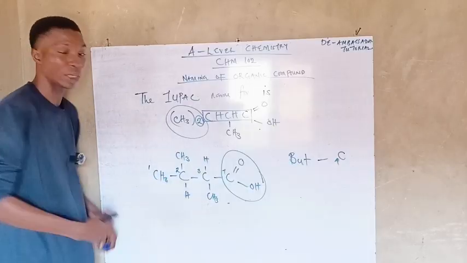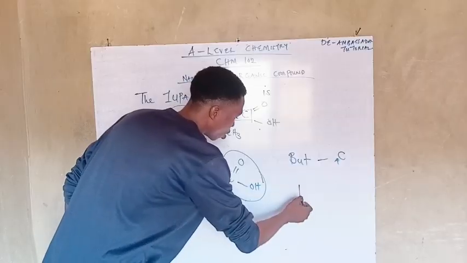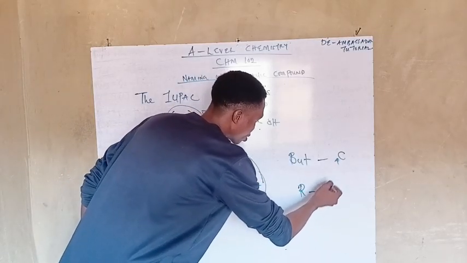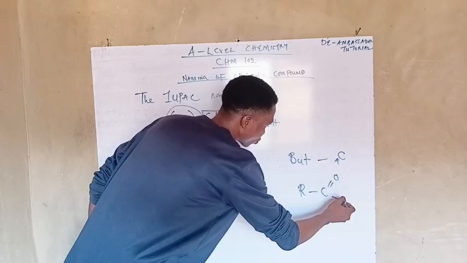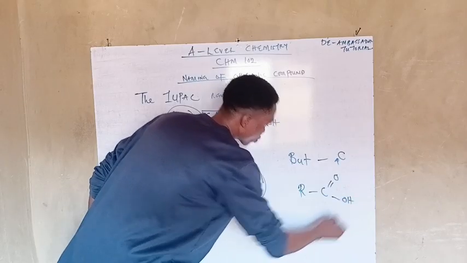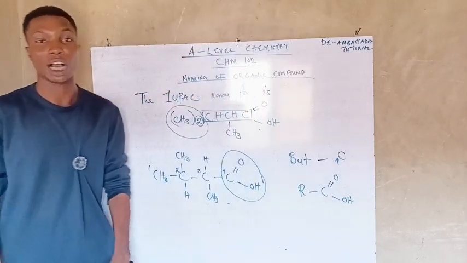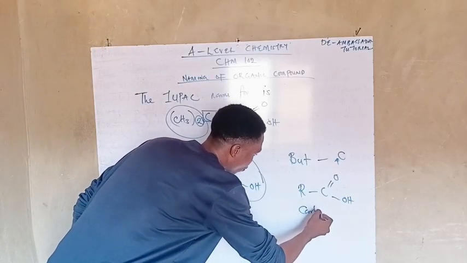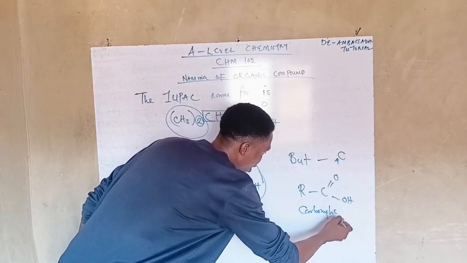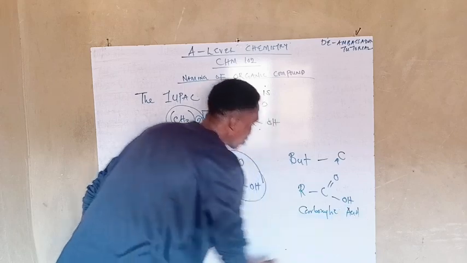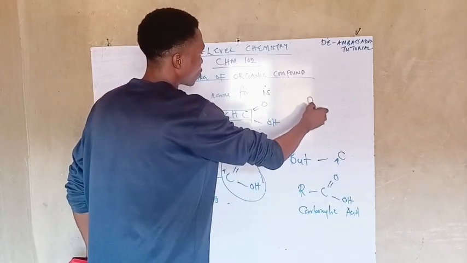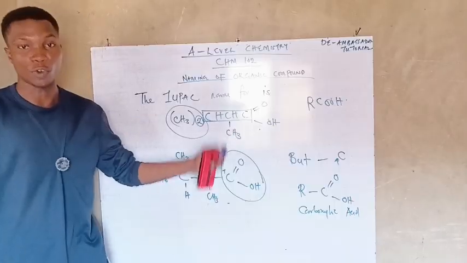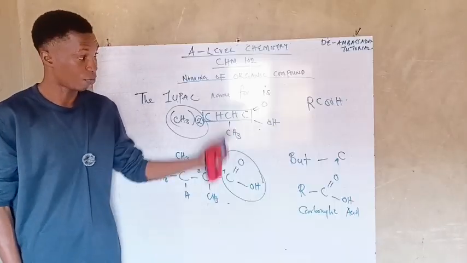So this functional group is a common one, which is called carboxylic acid. Sometimes it's also written as RCOOH. So anytime we see this functional group, it's called carboxylic family.